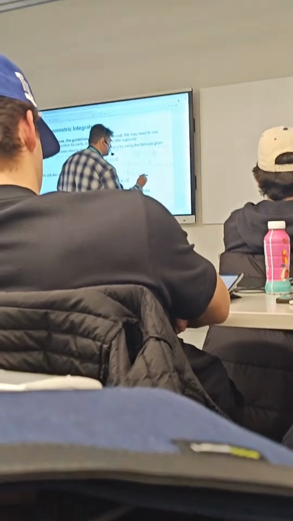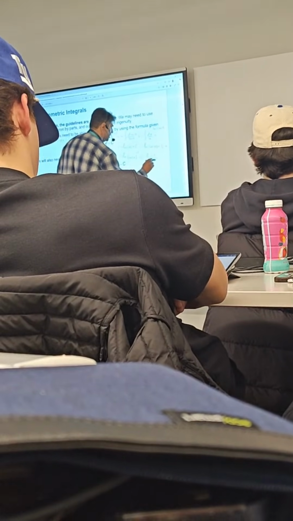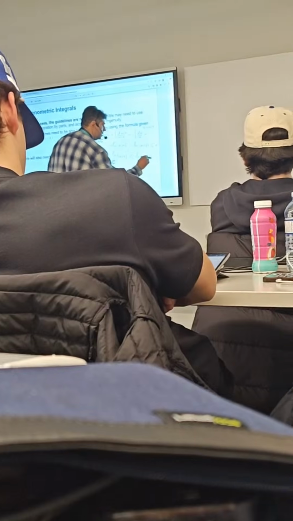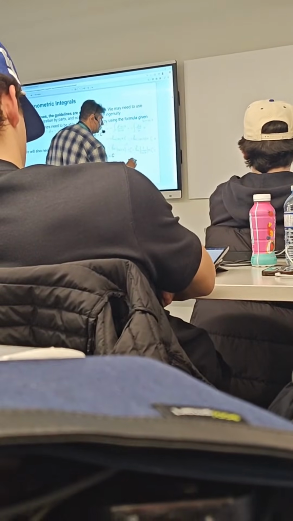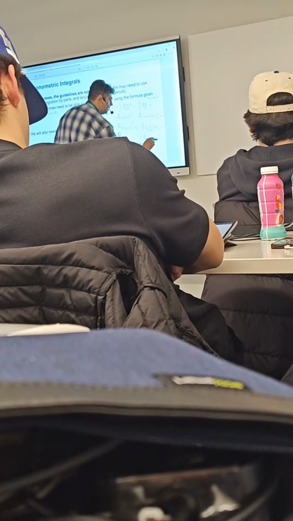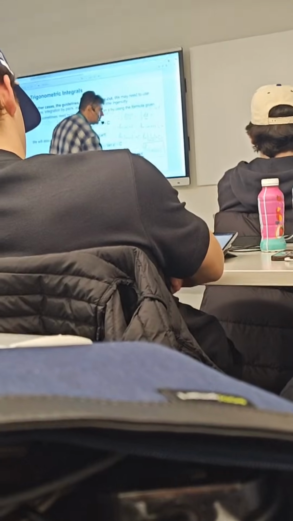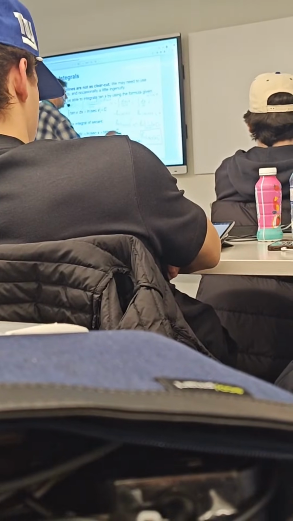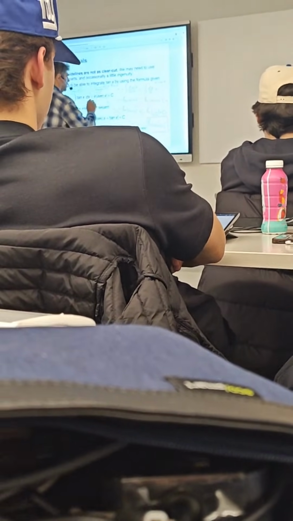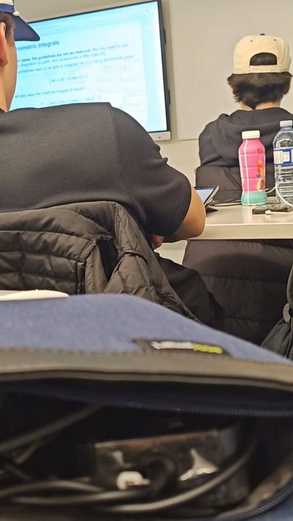Which is the natural logarithm of the absolute value of 1 over cosine of x, which is the secant. And this is equal to the natural logarithm of the absolute value of secant of x plus c, which is what we wanted to show. Okay. Any questions about this?